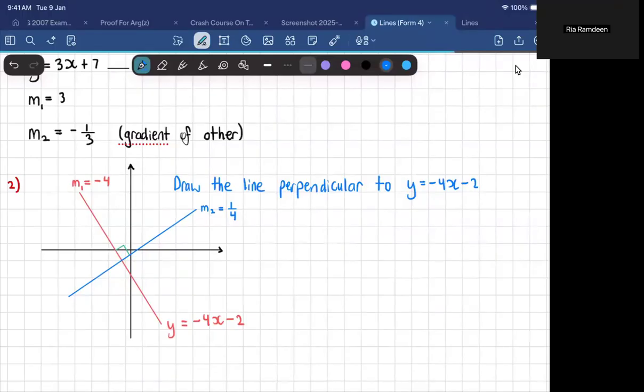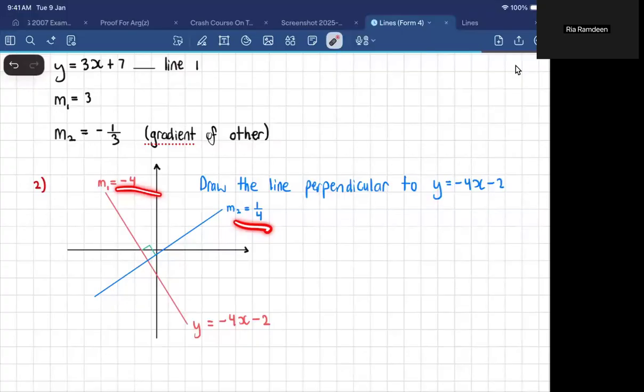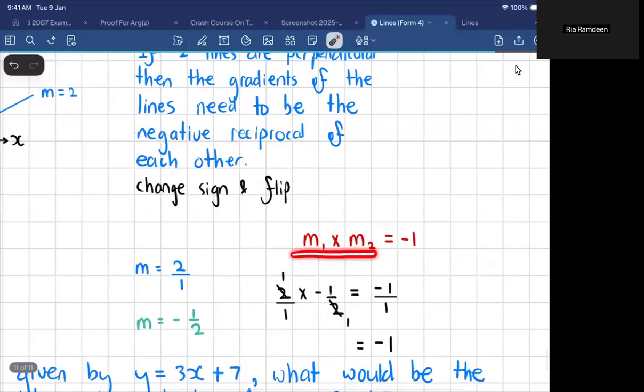Multiply it by 4/1. You mean -4/1. And when you multiply the two of them by each other, what are you supposed to get if you're correct? Negative 1. If two lines are perpendicular, then the product of the two gradients will always be equal to -1. Always.